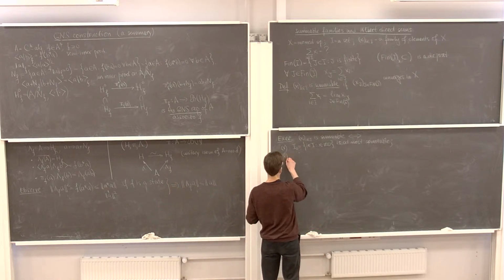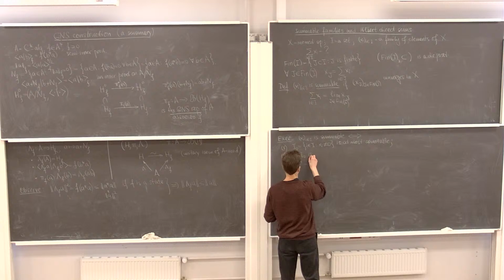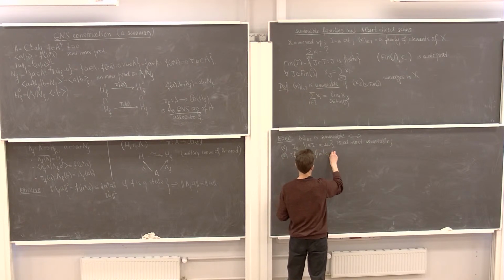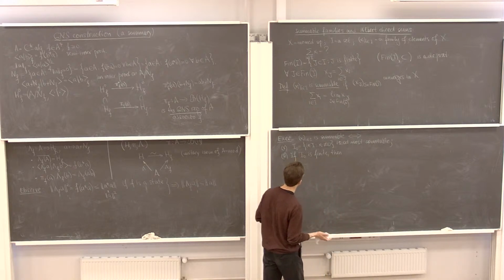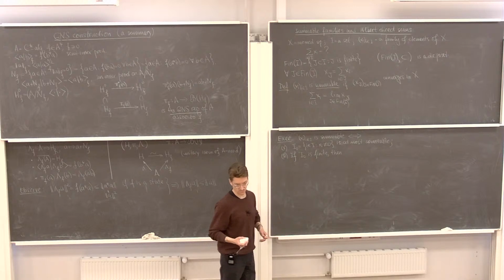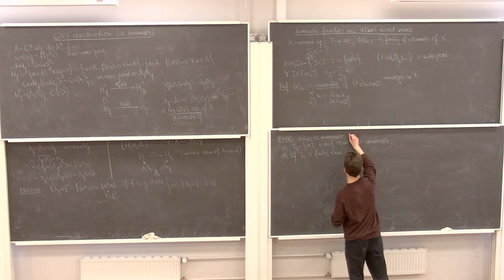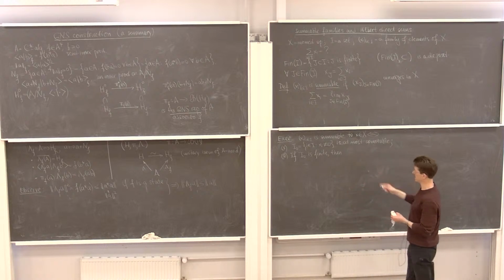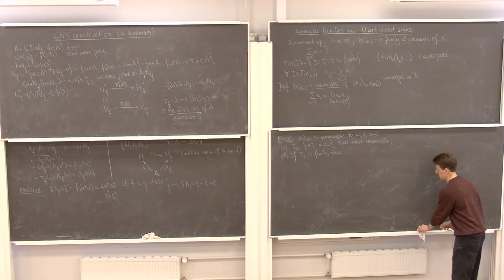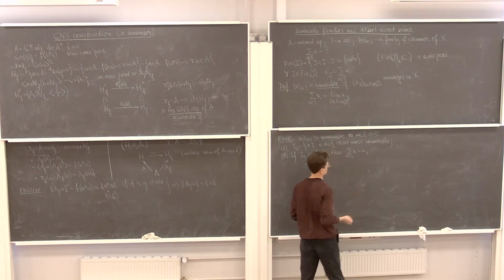And second, let's also introduce a special notation for the sum of this family. So this family is summable to an element little x if and only if I0 is at most countable, and if it is finite, then the sum, which is a finite sum, is equal to x.